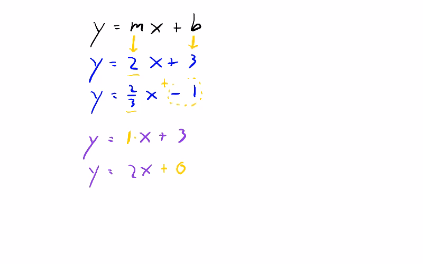Finally, we'll see that y equals x is also a line. And in this case, we're doing both things. We're multiplying by 1 by implication. We don't write that we're multiplying by 1, but there would be an m value of 1, and we're not adding anything to it. So we are, by implication, adding 0.